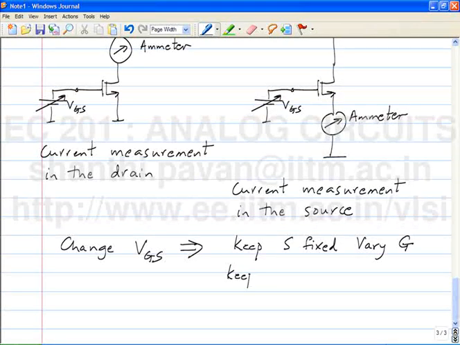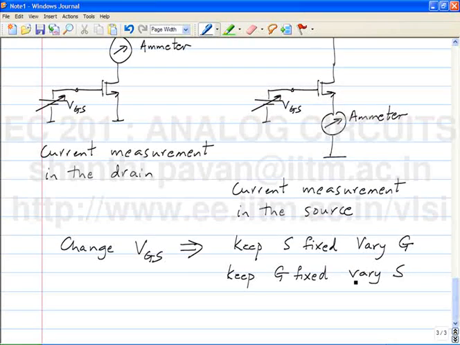Alright, now extensions. You keep the gate fixed and do what? Vary the source. Is that all there is to it? You could vary both at the same time. Okay. So if you insisted that one of the terminals remain fixed, there are two ways of varying VGS, and there are two ways of measuring current in a transistor.